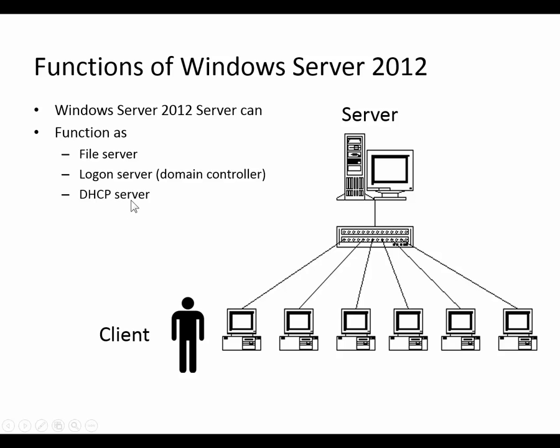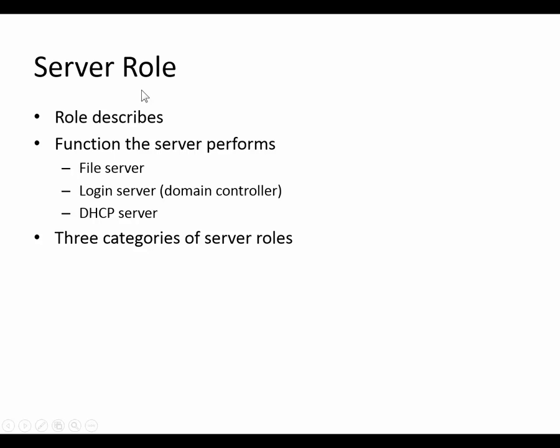It can perform any of these roles. And this introduces the term server role. When we say server role, we are referring to the function that the server performs. The server can perform the file server role, or the domain controller role, or the DHCP server role.